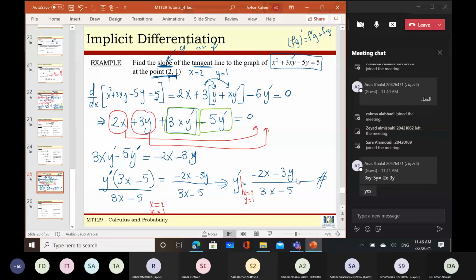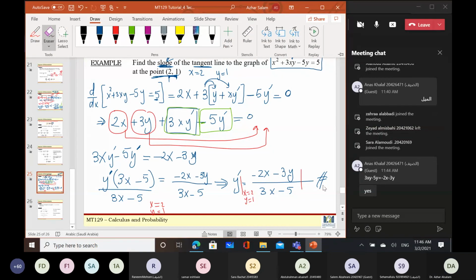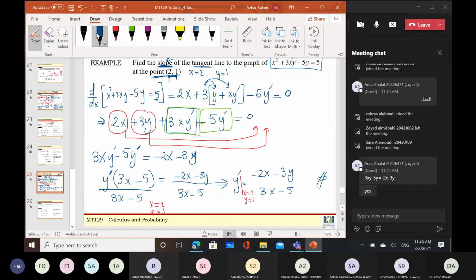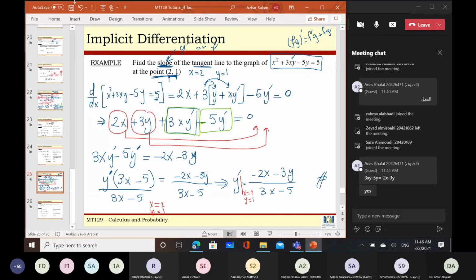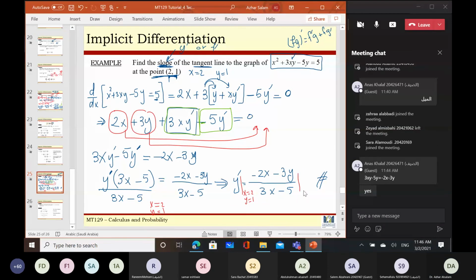To make it more clear, I'll substitute here. Each x I will replace with 2 and each y I'll replace with 1.